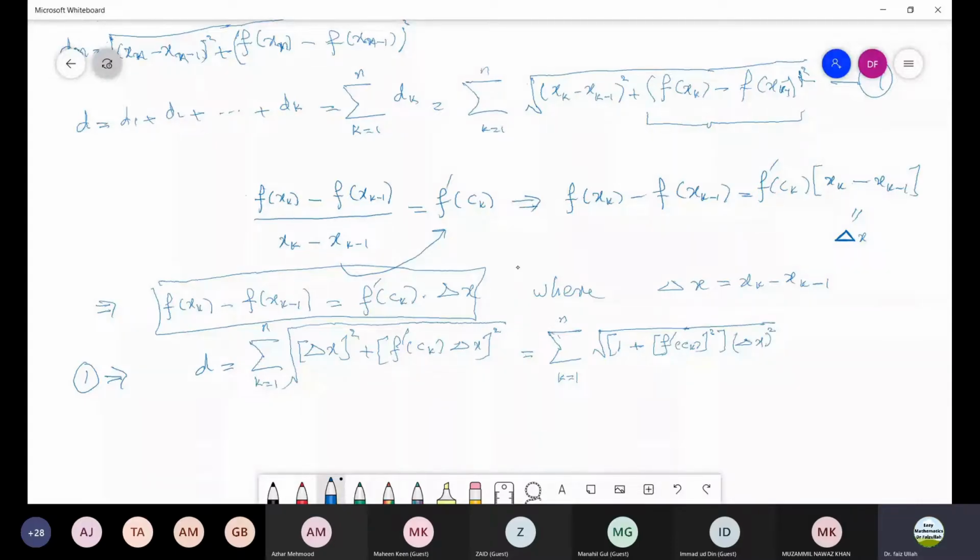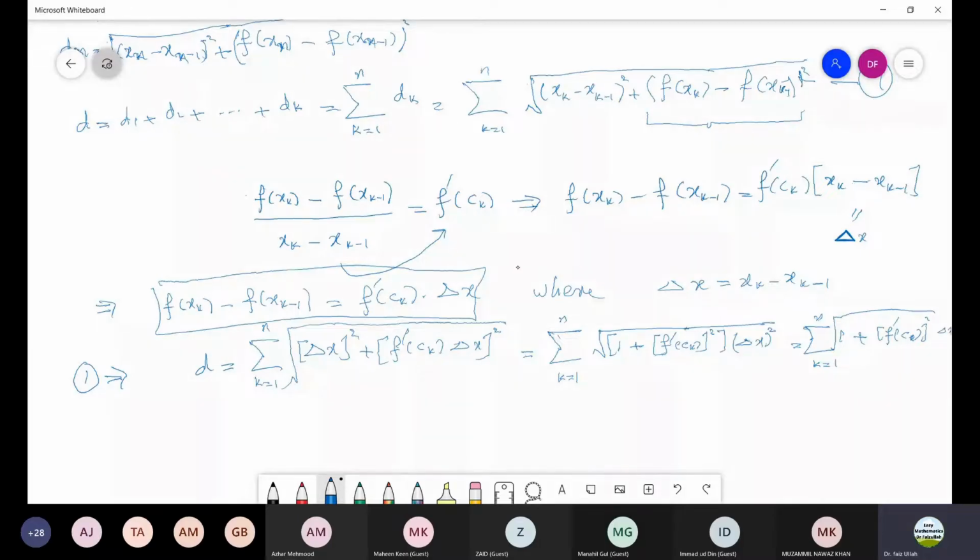And if I remove delta x square from under the root, it is delta x. So let me write k from 1 to n, 1 plus f'(ck) whole square under the root, and now delta x goes outside of the root.